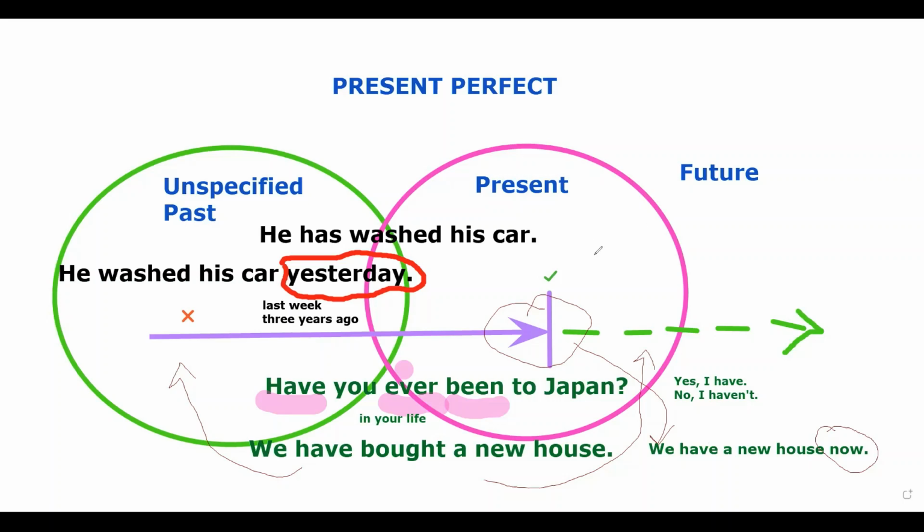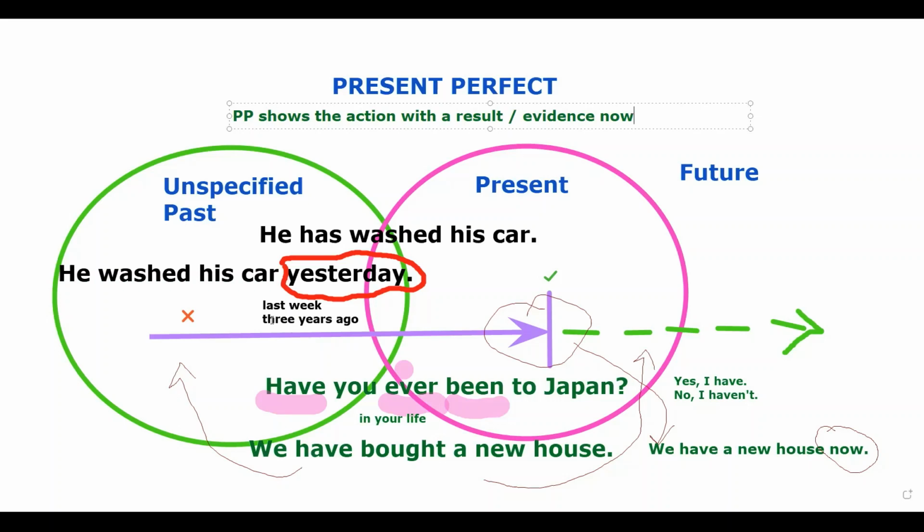So we have a result. Let me just put it here. Present perfect shows the action with a result or evidence now, in the present.